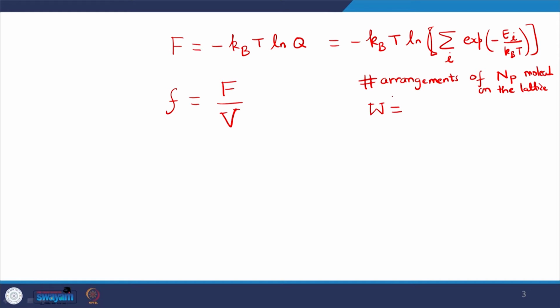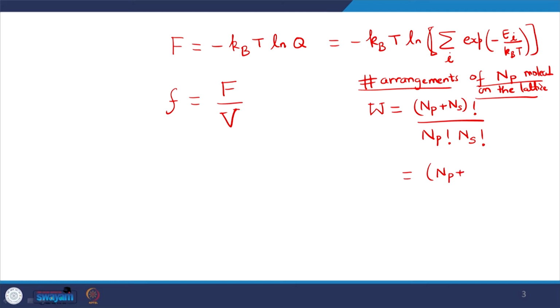So, within that particular assumption, the number of ways in which I can arrange NP molecules is given as something like (NP plus NS) factorial, this is total number of positions, and picking NP sites for the solute, and of course, we will have NS for the solvent, which is same as (NP plus NS) choose NP.